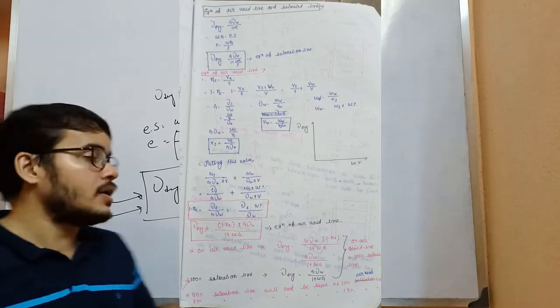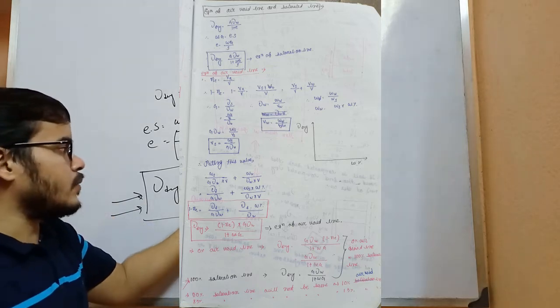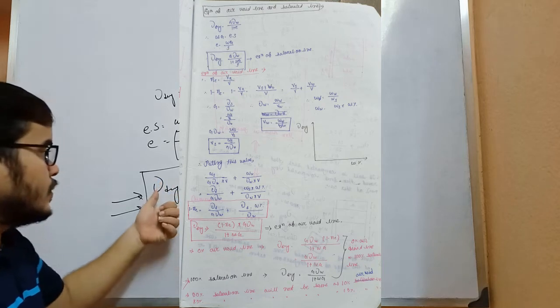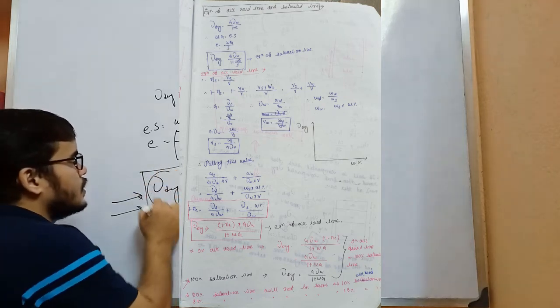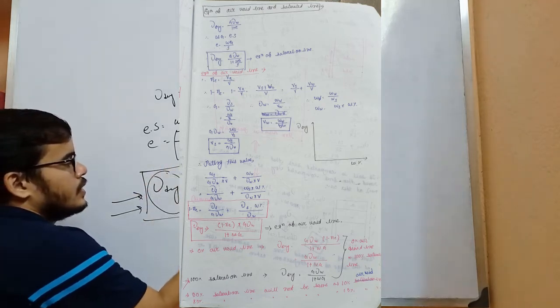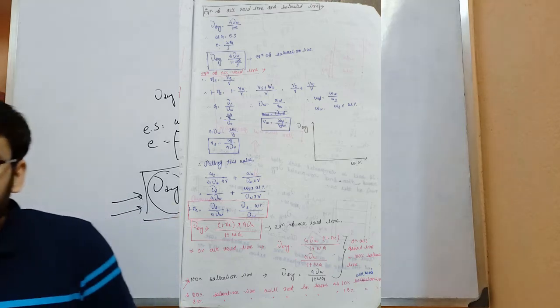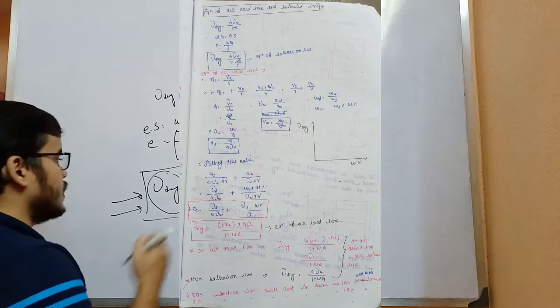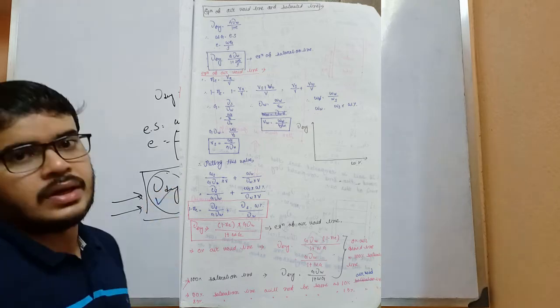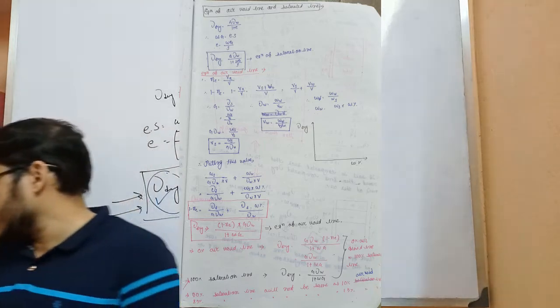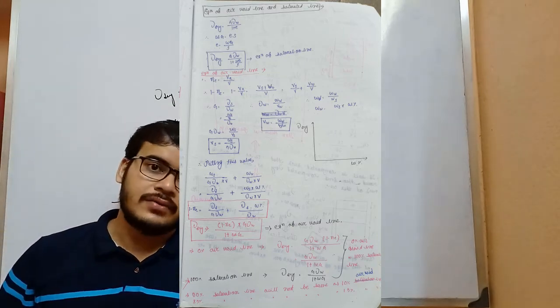That means at what percent saturation and what percent water content, what will be the value of gamma dry. When degree of saturation and water content are given, we can easily find the value of gamma dry from this equation.